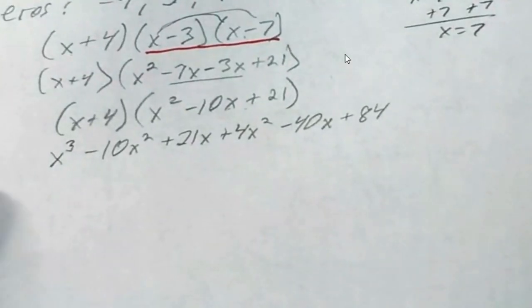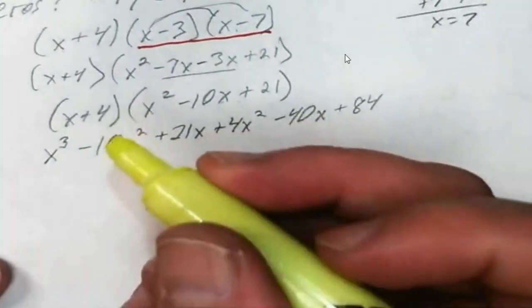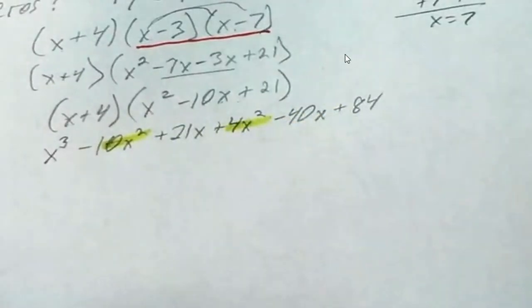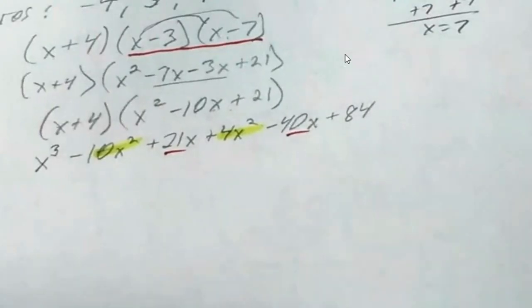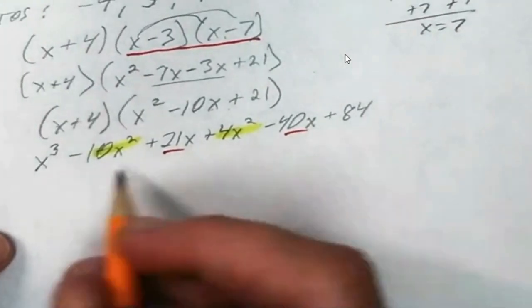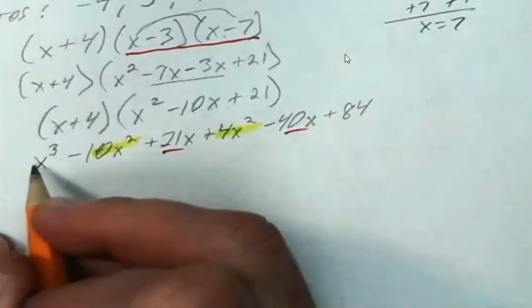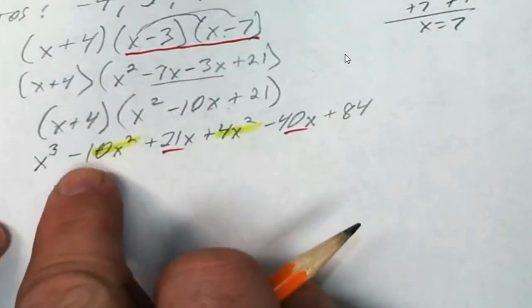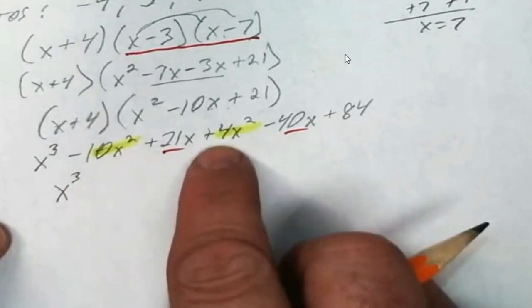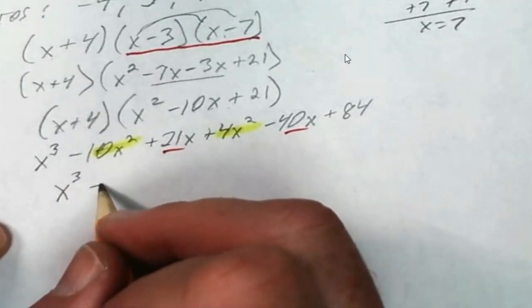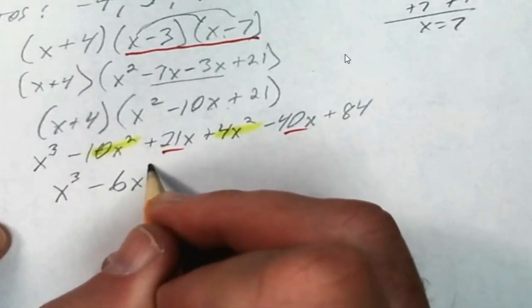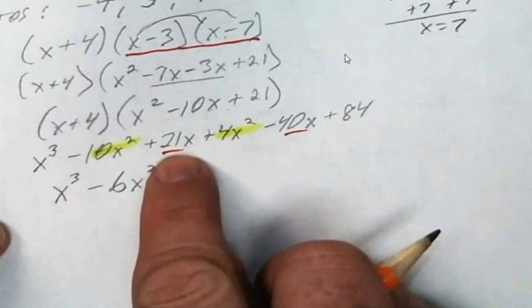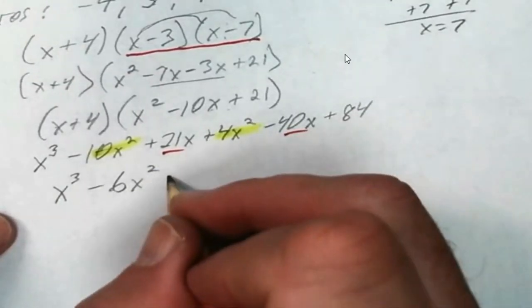So next we have to identify like terms. Those are like terms. These are like terms. So let's write it with the combined like terms. So x to the third, there's only one of those. X squared, we got a negative 10x squared and a positive 4x squared. We've got a 21x and a negative 40x.